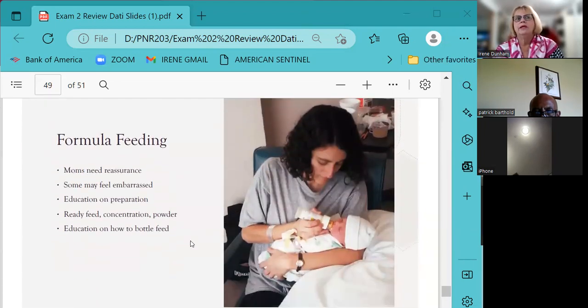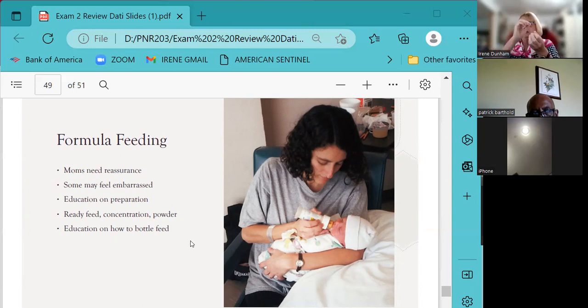In formula feeding, you just have to be very careful of how the formula is diluted. If mom is using formula, a lot of times the concentrated powder is a lot cheaper than buying it already made up. So she has to add water to that formula.